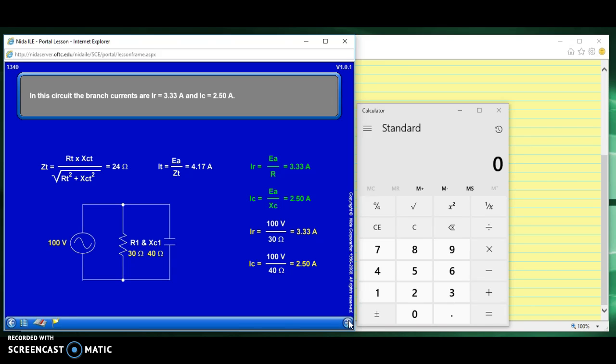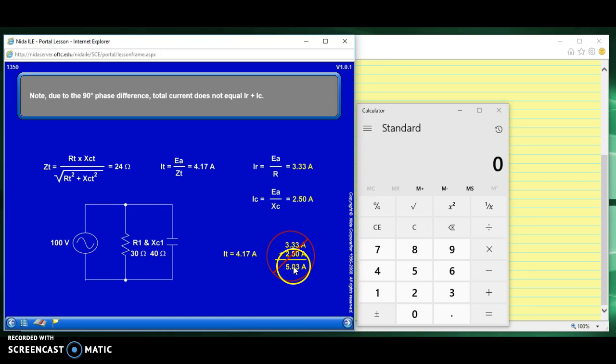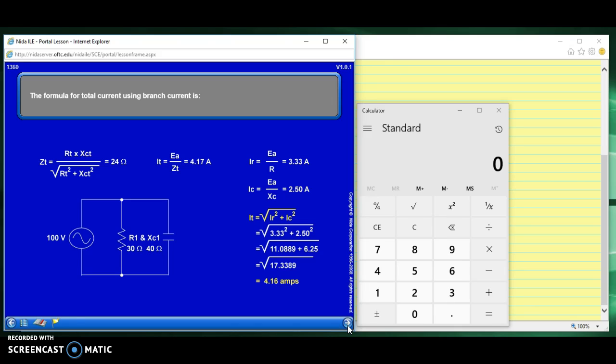So we see those two formulas applied right there. But if we add them together, we get 5.83 when really the actual current total is 4.17. So guess what? I smell another formula brewing. And here it is.